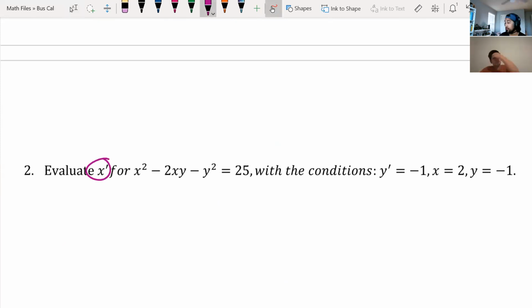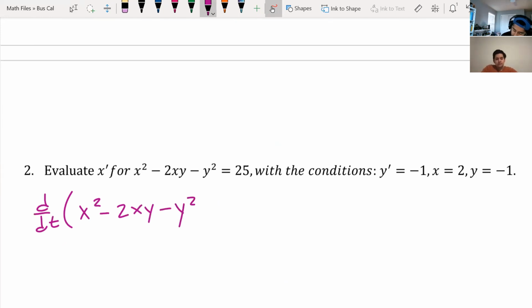So it says evaluate x prime, which means we're going to solve and then evaluate. So we're going to say d over dt of x squared minus 2xy minus y squared equal to d over dt of 25.